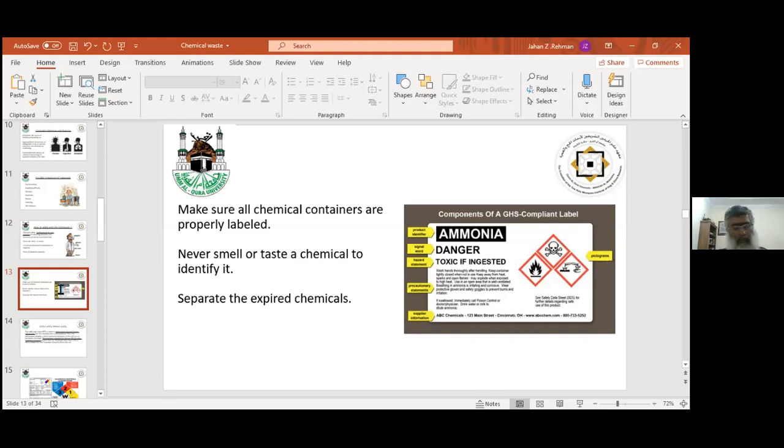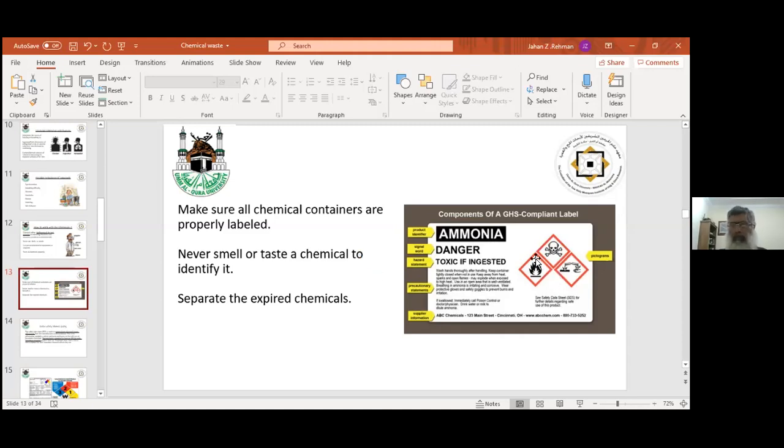Every container has this kind of mark on the outside, from where we can find the product name and its properties.